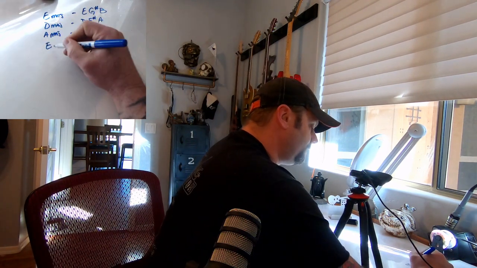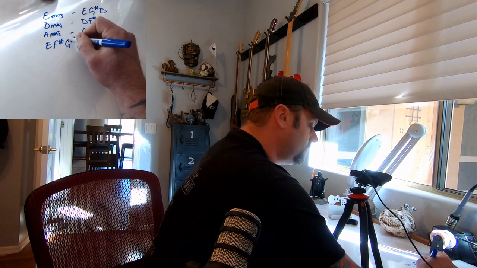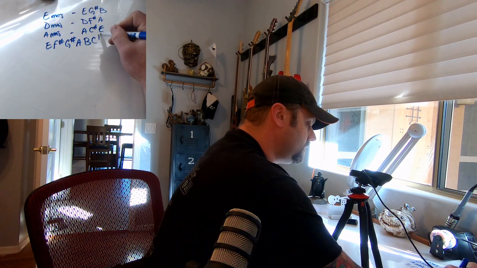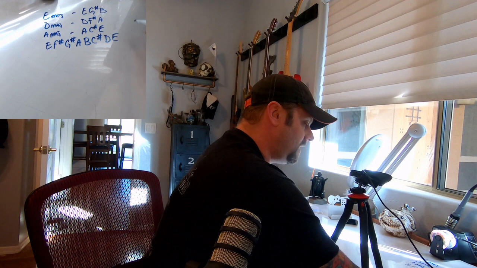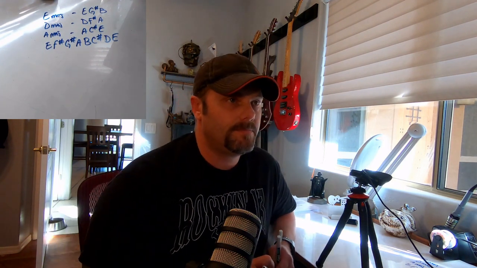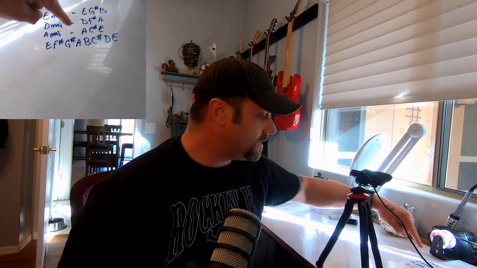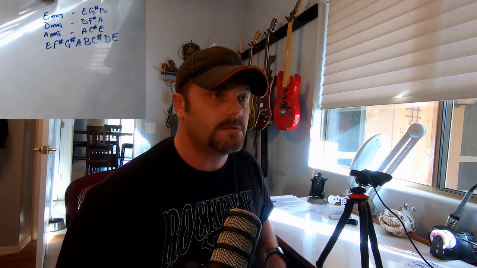E, F sharp, G sharp, A, B, C sharp, D, E. Right? That's these notes, these triads, just pulled out into a scale.